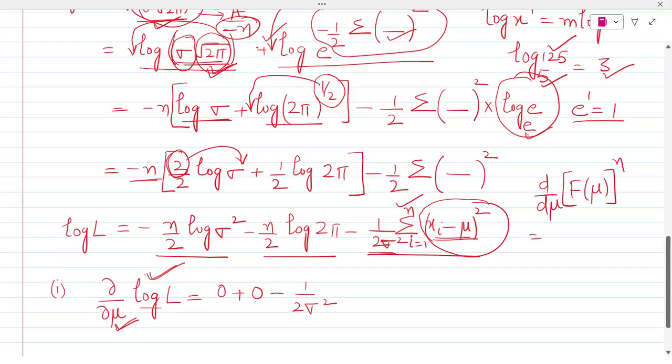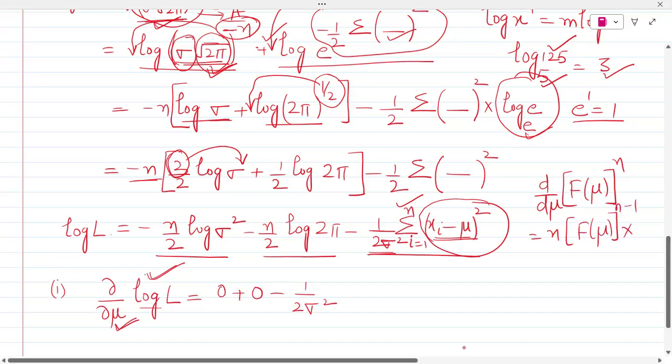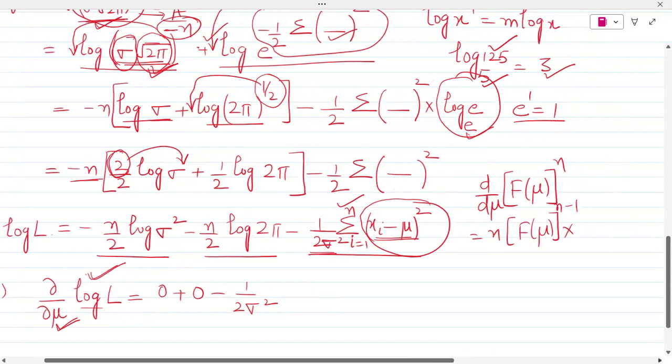That is n f(mu) to the power n minus 1, into the derivative of the function with respect to mu.